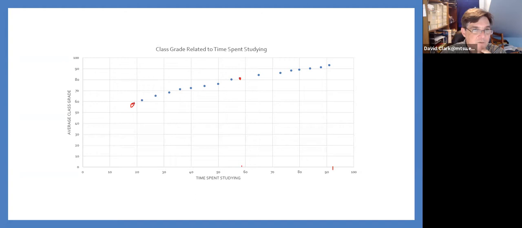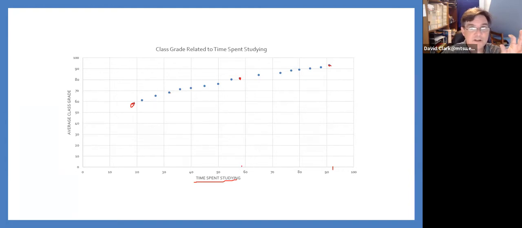It's a 91 or whatever. If I gave you all a survey, you might say, I spent 32 minutes and my grade was such and such. And you just plot out these dots, and it allows us to see what the trend of the relationship is.